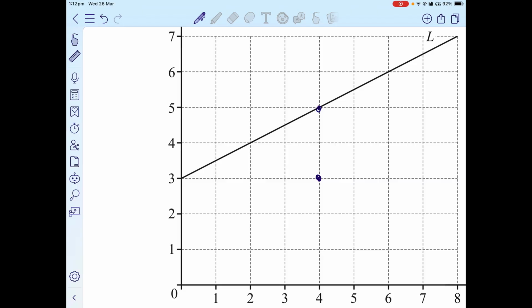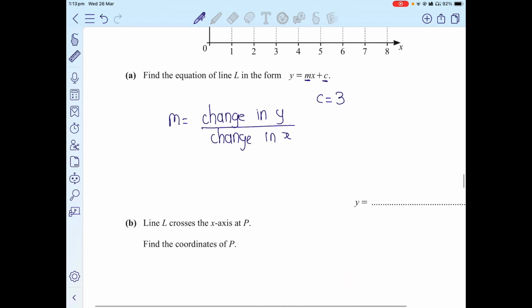My y value changed from 3 to 5, so the change in y was 2, and the x value changed by 4. So the gradient would be a half. So the equation is y = half x + 3.